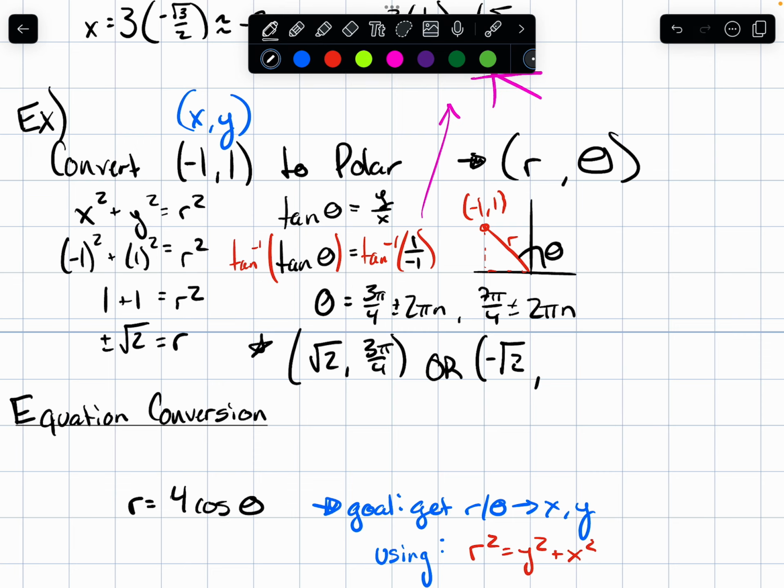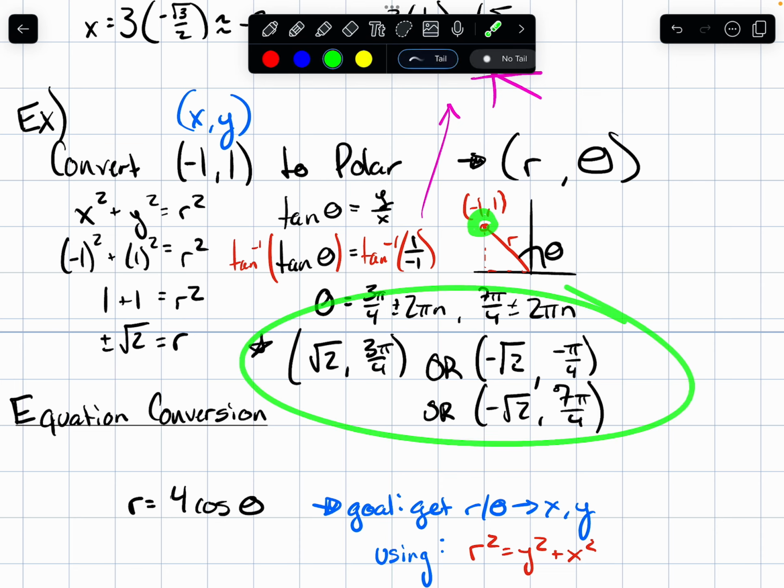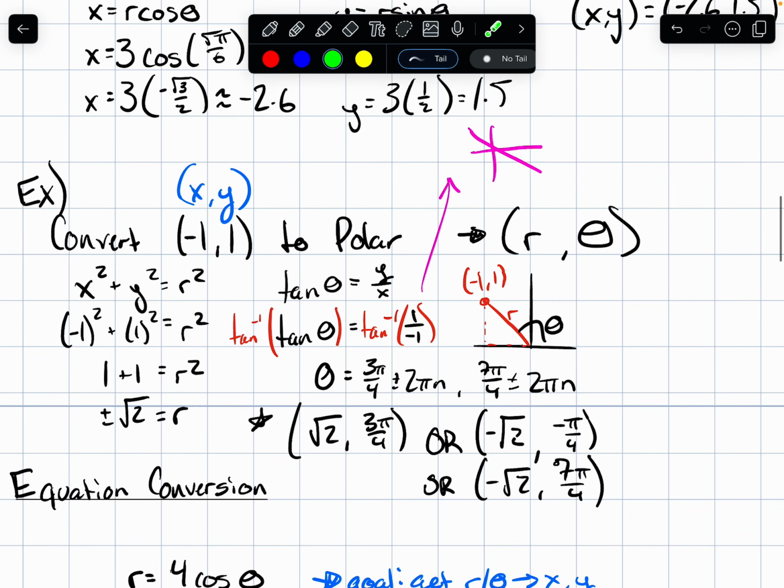And I can add or subtract pi. In this case, we could subtract pi to get pi over 4. Or in the same line of thinking, we could go negative root 2 and do 7 pi over 4. All of these represent the same exact point. It represents this point. It's a little bit tricky to get your head around the fact that more than one thing can equal more than one thing. Or this point can be represented in more than one way.